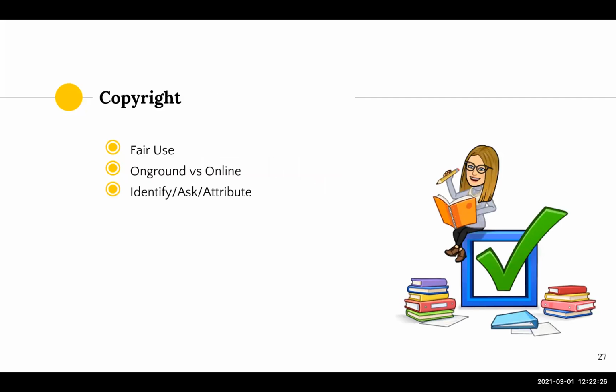So copyright. Factors related to fair use should be examined to determine whether the items you wish to use require clearance. Some items, such as materials produced by the government or items that have passed out of copyright protection, are available to use without going through the formal clearance process.